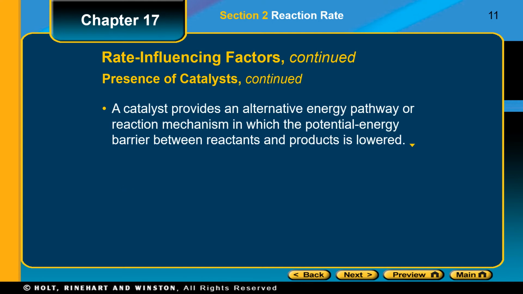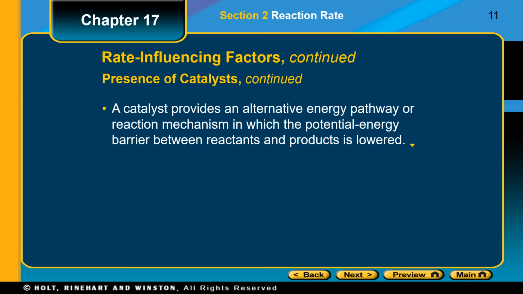A catalyst provides an alternate energy pathway or a reaction mechanism. In the previous lesson, when we looked at reaction mechanisms, we came up with an energy pathway that would happen ordinarily without a catalyst.